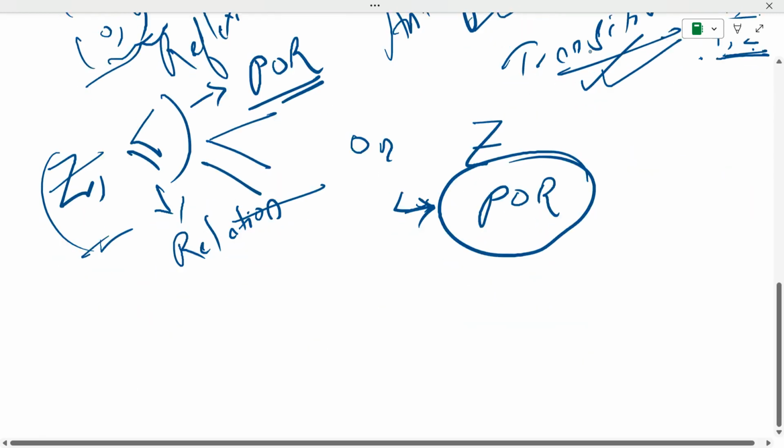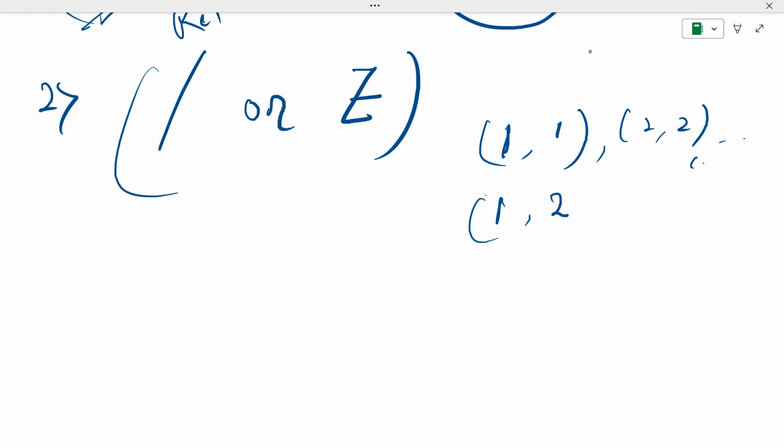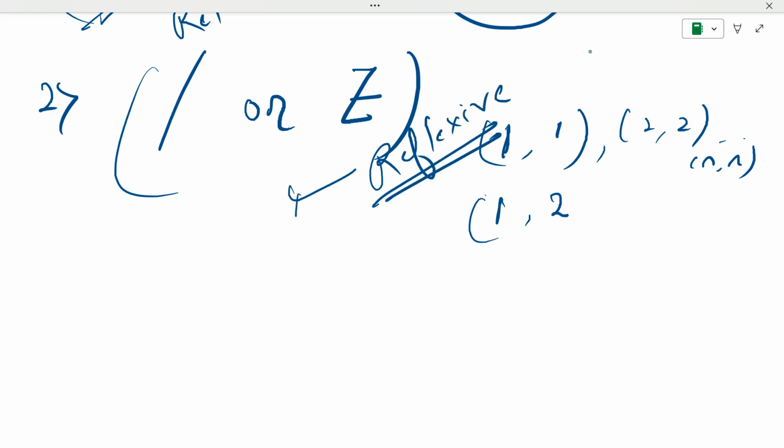Let's take another relation on the integer set, and that is, let's say, divides on the integer set Z. So is it a POR? Let's see. If we have (1,1), yes, it is a division relation. Reflexivity, (2,2), (1,2) and so on up to n, is agreed, I mean for the division relation it will contain all of these.